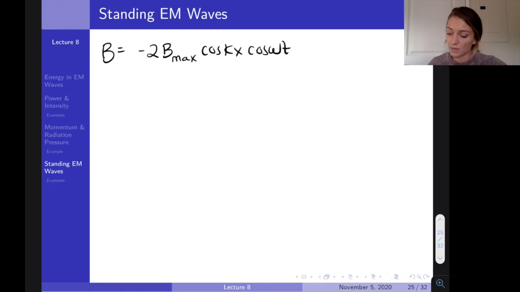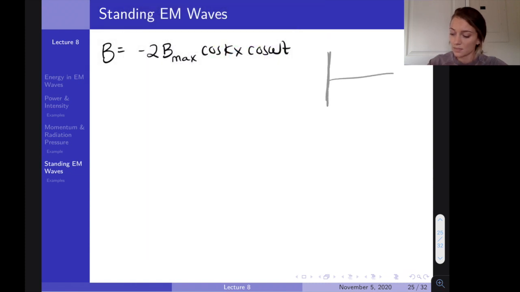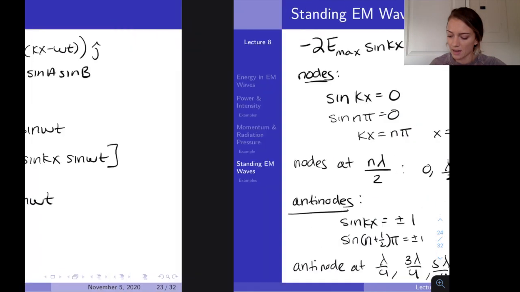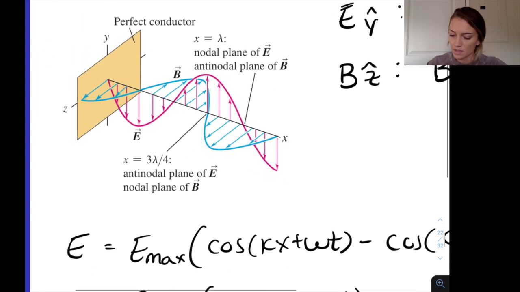So if we want to find the nodes and the antinodes of cosine now, if our conductor is here, our magnetic field is going to look like that, right? It's going to be a cosine function. And you can also just look at our diagram here, and you can see that wherever there's a node for the electric field, it corresponds to an antinode for the magnetic field, and vice versa. When you have a node for the magnetic field, it's an antinode for the electric field.